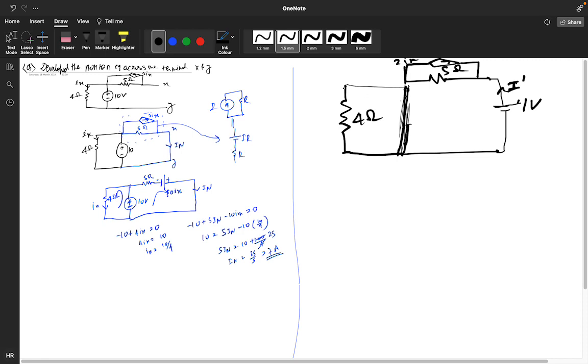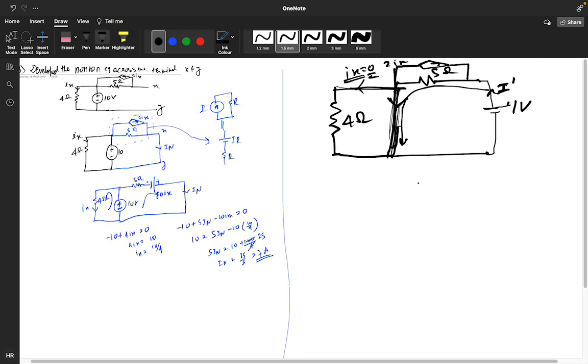If this is short circuited, all the current will flow here only. No current will flow in Ix, because this is a short circuit. The current will come like this and flow through this because it is short circuit. It won't go to the 4 ohm. So that means my Ix value is 0.